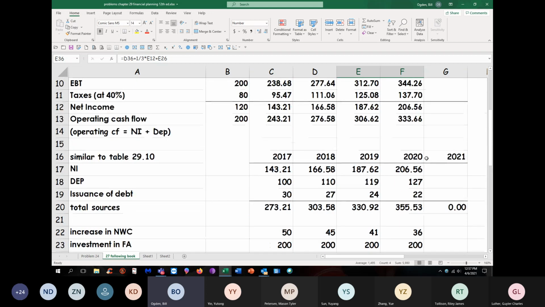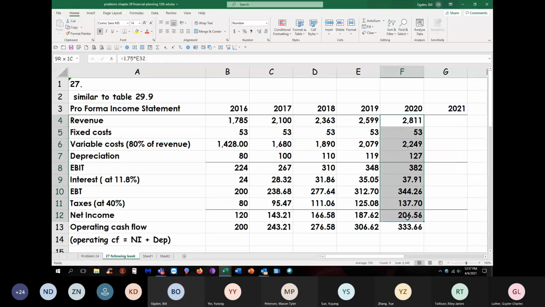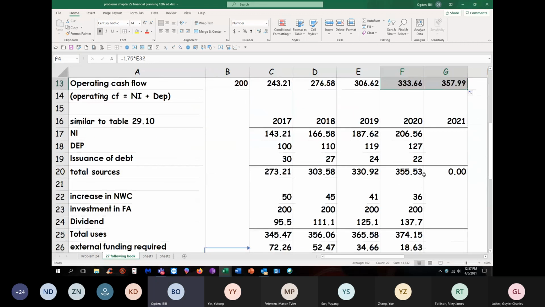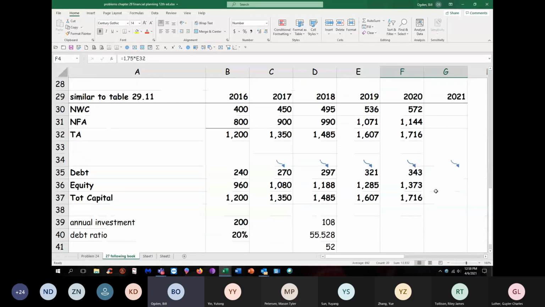All right, so we got one more year and then we're done. So let's copy the income statement. This is copyable since we have the assets in place for 2020. Let's do 2021. And let's do our left side of the balance sheet.